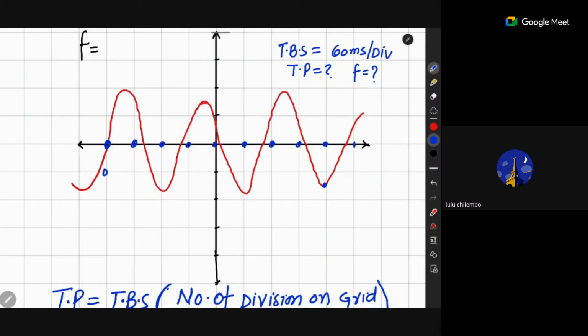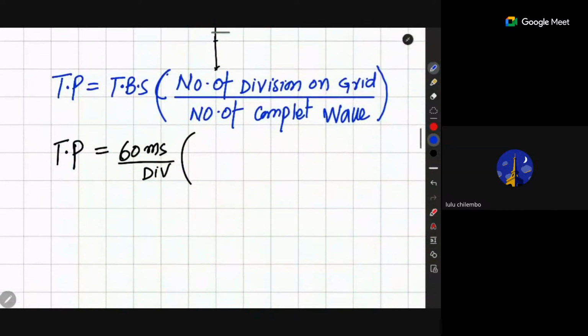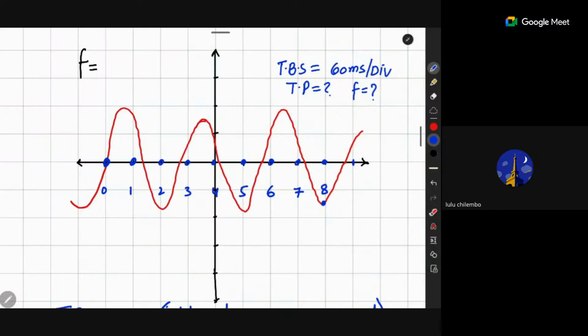One division, it is starting from 0. 1, 2, 3, 4, 5, 6, 7, and 8 divisions are there. How many divisions are there? 8 divisions in the grid. And what is the number of complete waves in this? If I say one wave is starting from this and one wave, then it is two waves, 2.5 waves, and this is 2.75 waves.